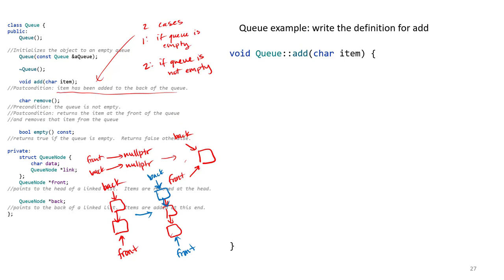We add the item to the back of the list, and notice in this case that we'll need to update the back pointer so that it points now to the new item that we have added. However, if our queue is empty, we also need to make the front pointer point at the item that we added. So depending on these cases, we actually have two different sets of code to write in our add function.